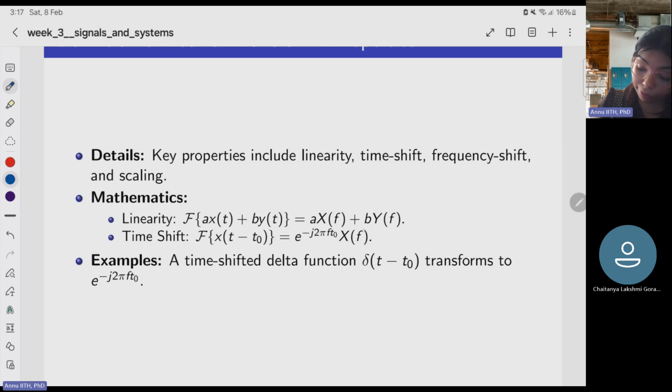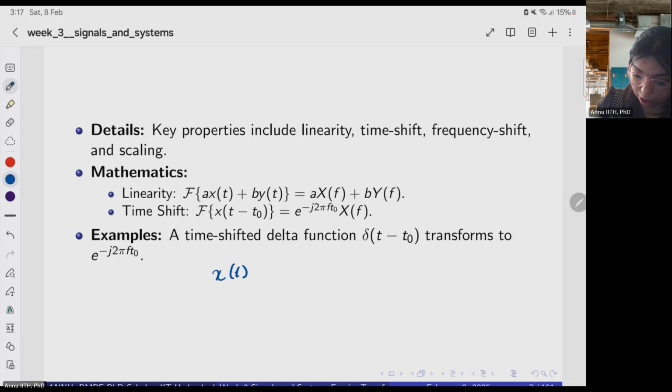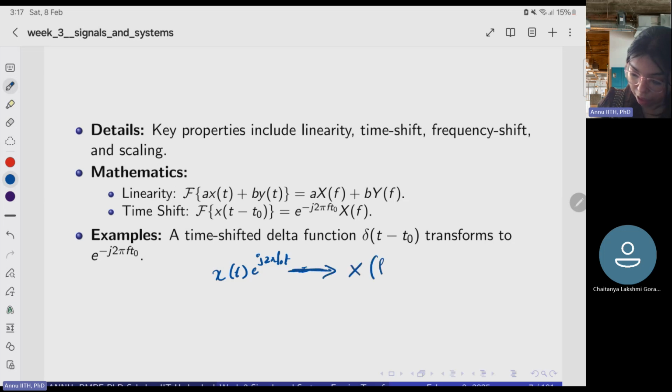And what if you want to do the frequency shift in the frequency domain? In that case, it will be multiplied by e power j 2 pi f naught t, then the Fourier transform is X of f minus f naught. So it is plus here, so it is minus here.